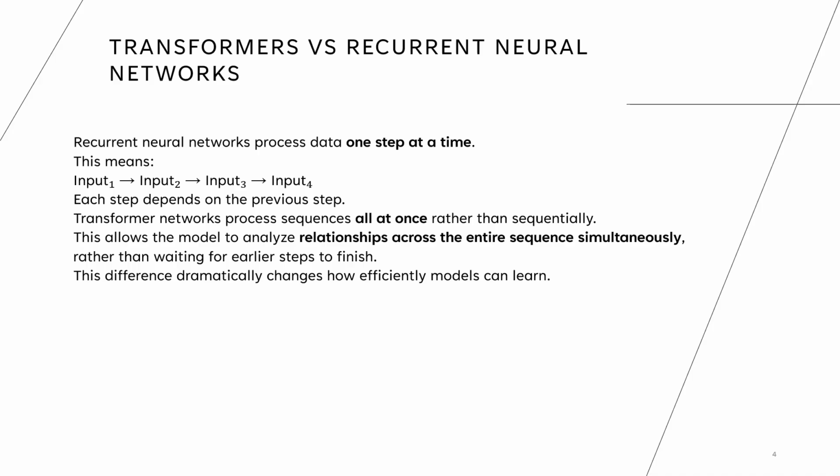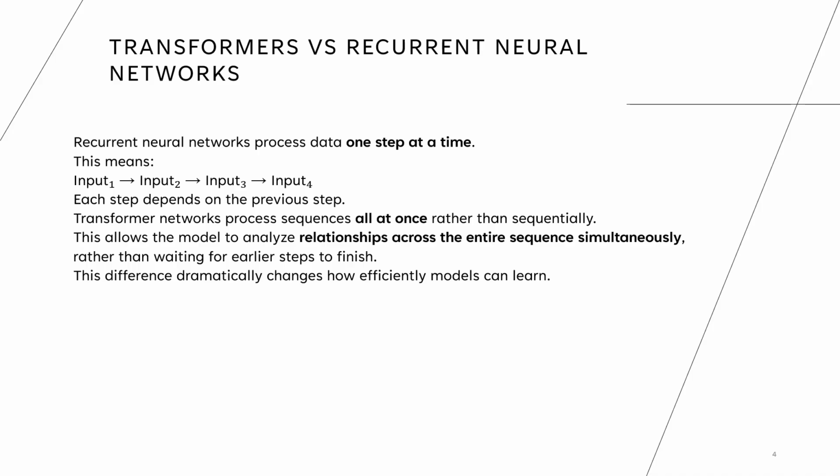Each step depends on the result of the previous step. This means the model cannot analyze later parts of the sequence until earlier parts have already been processed. While this approach allows the network to maintain a form of memory, it also creates several limitations.